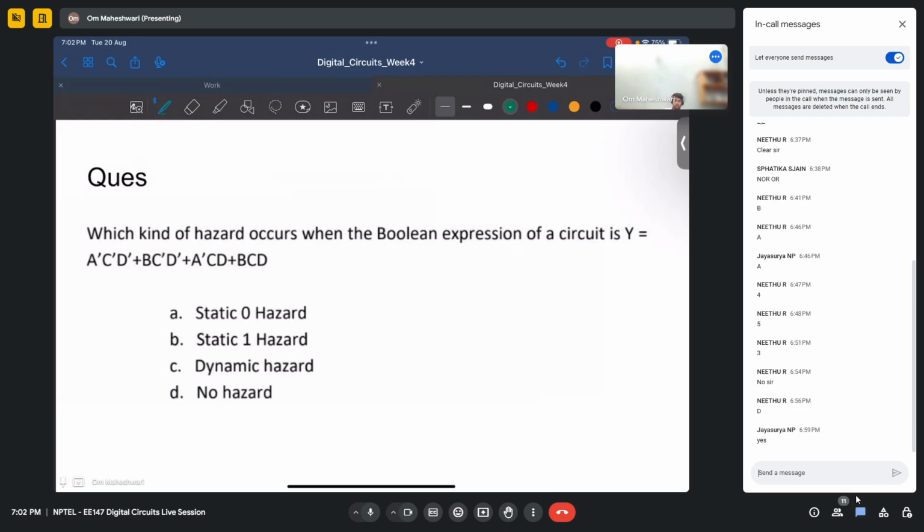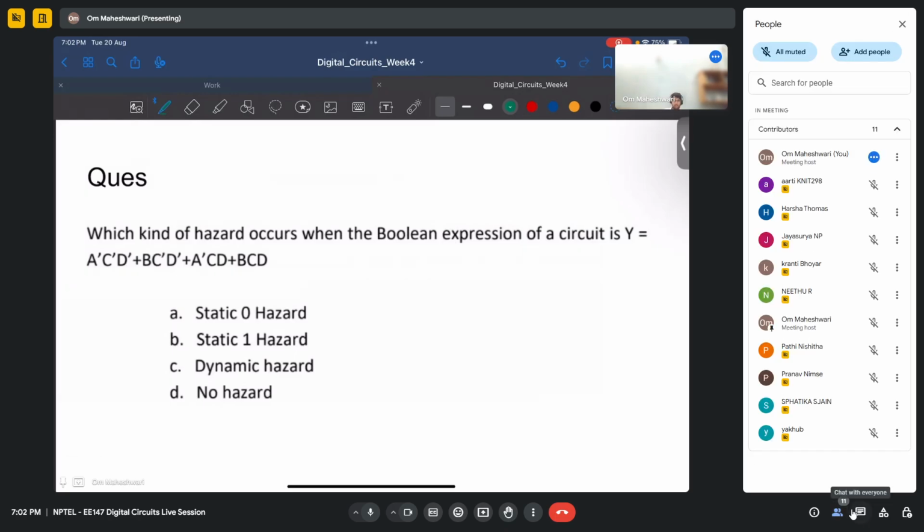Now this question is where we will use those concepts that we studied about the hazards. What kind of hazard occurs when the Boolean expression of the circuit Y is this?